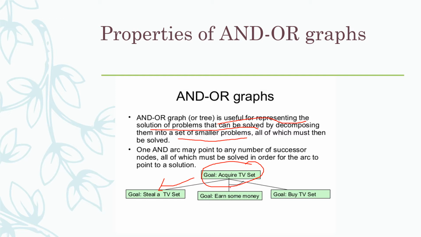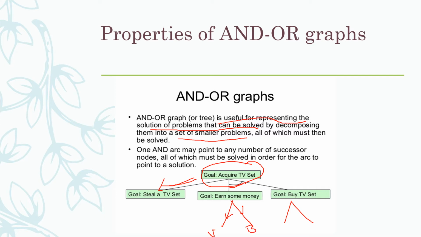Here is an AND arc, and here is stealing of a TV set. Similarly, we can decompose this in a similar manner. Suppose we have to earn some money. How can we earn some money? We can get a job, or we can do a business.